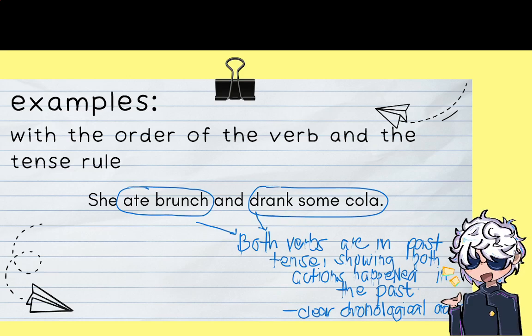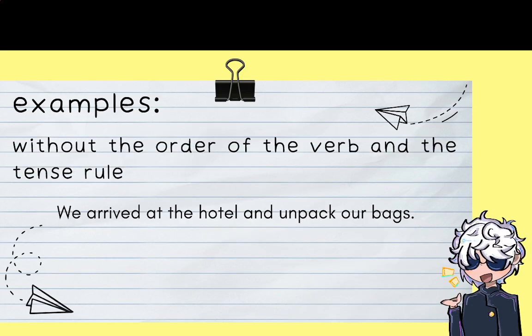Okay, the next example. This is an example without the order of the verb and tense rule. We arrive at the hotel and unpack our bags. As you can see, the verb arrive has ed on it, implying that it is in past tense. And the verb unpack is in present tense because there is no ed or will word to it.